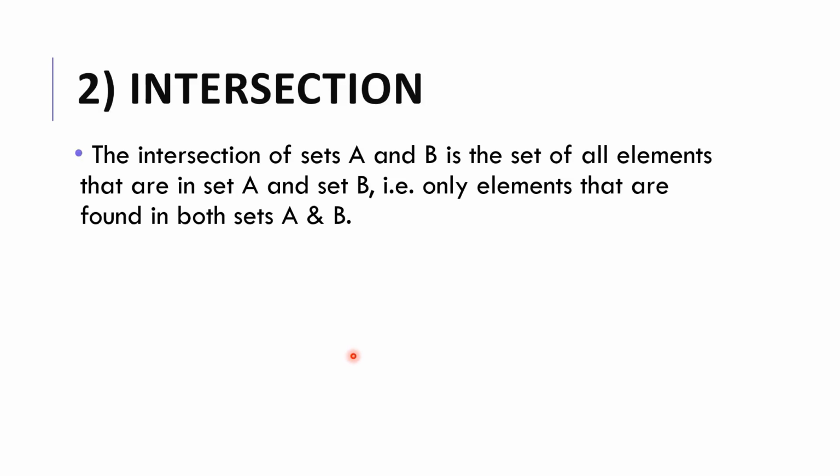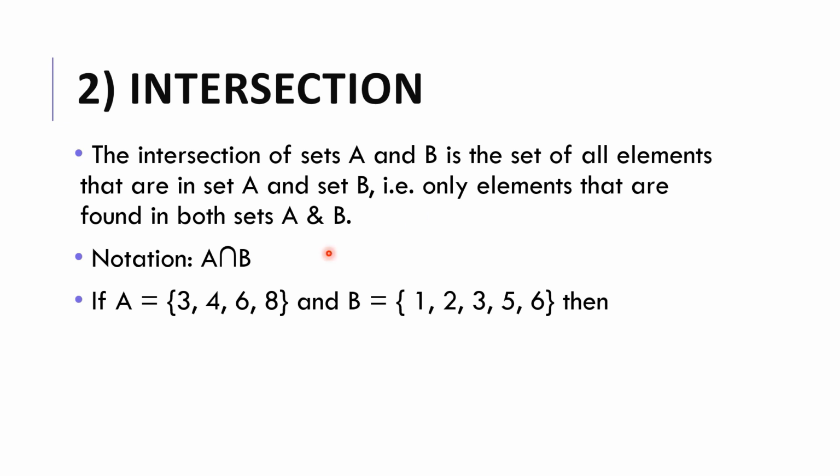Now the word intersection. Intersection of sets A and B is the set of all elements that are in set A and set B. Only elements that are found in both sets.